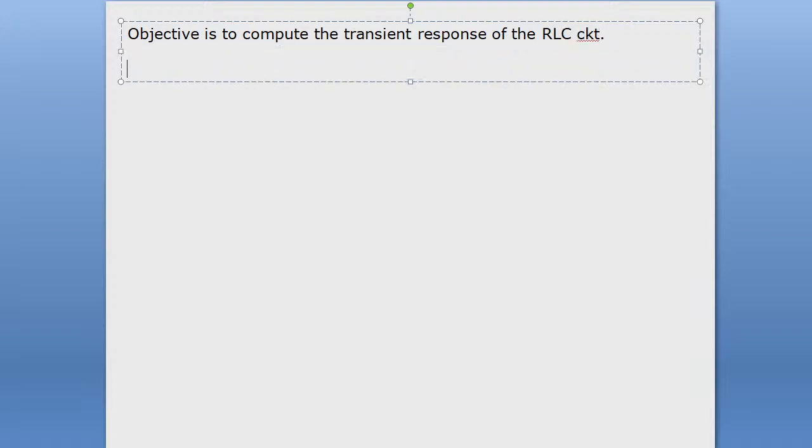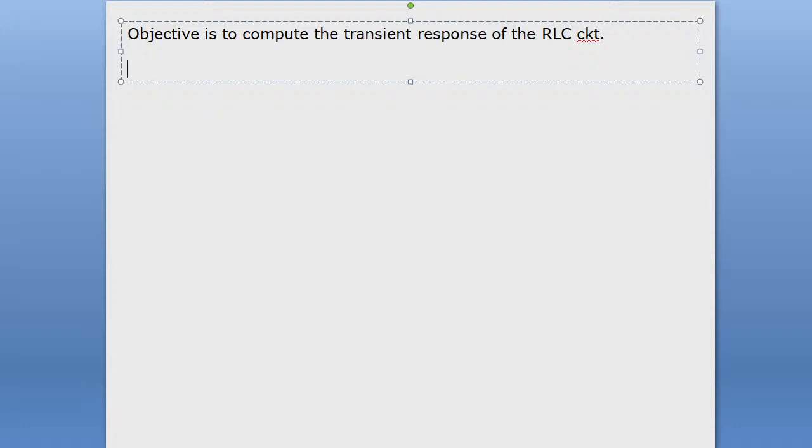So to obtain the transient response, first we will convert this non-homogeneous equation into a homogeneous equation by considering Vs equal to 0.